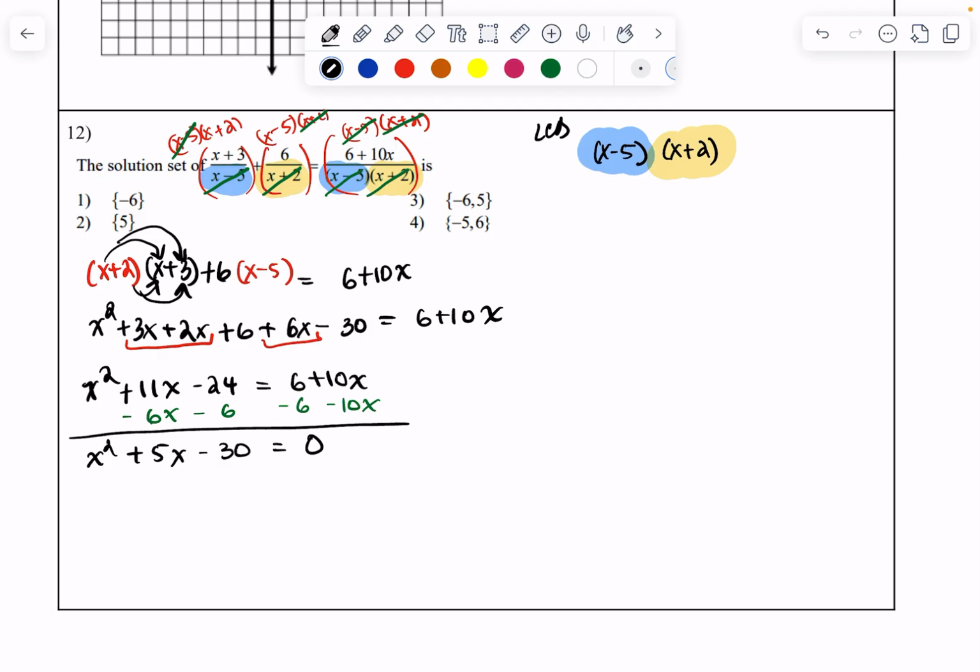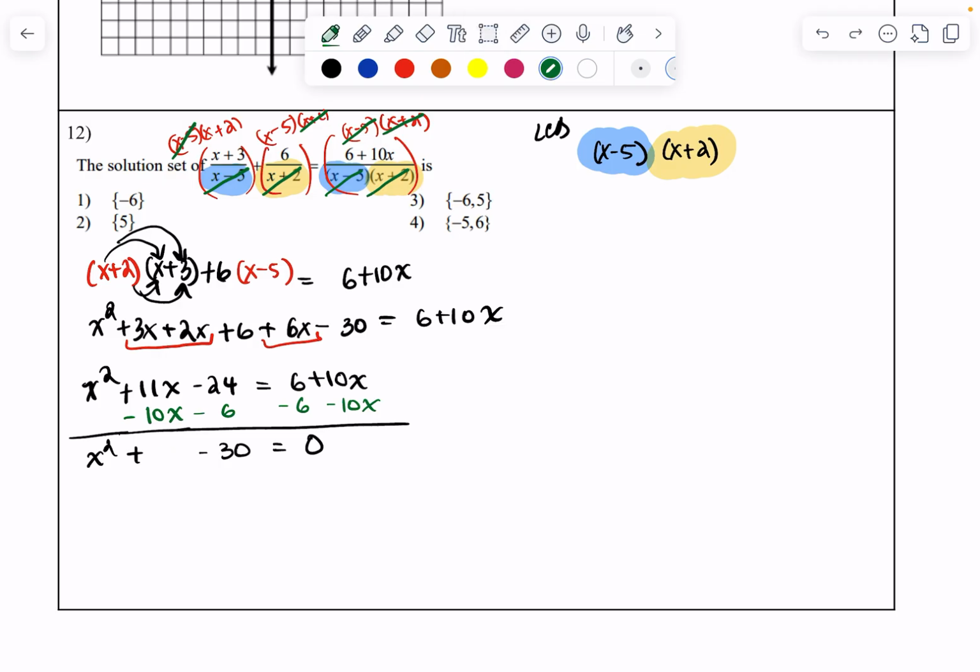Oh, there's the mistake, I found it. It should have been a minus 10x. So we are left with just a positive 1. Okay, all right, crisis averted.